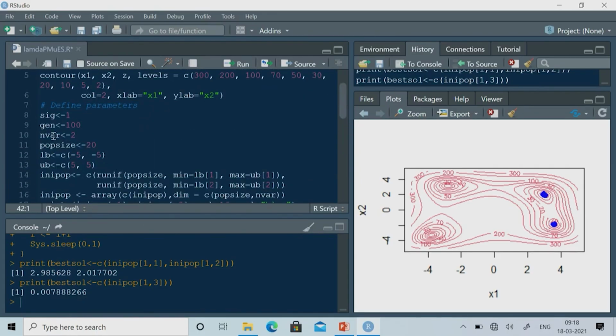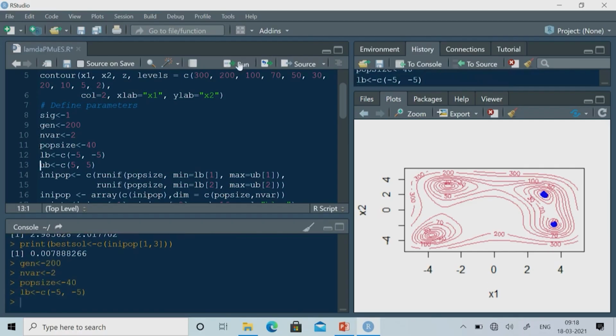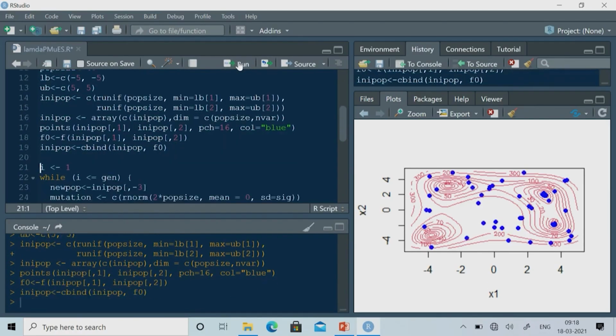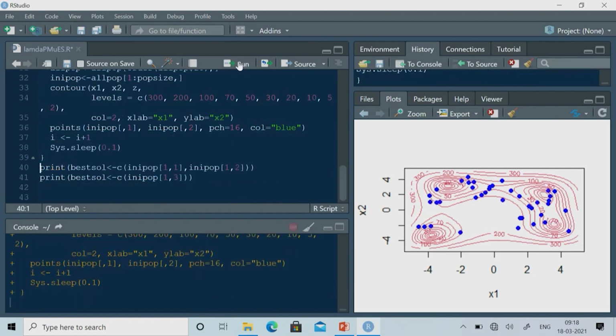Just see, I would like to use a population of 40, suppose, and maybe 200 iterations. Now let us execute this. Now we have more population, and let us see whether we get the exact optimal solution or not.